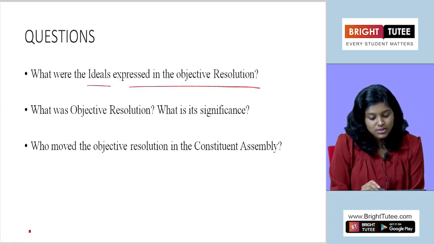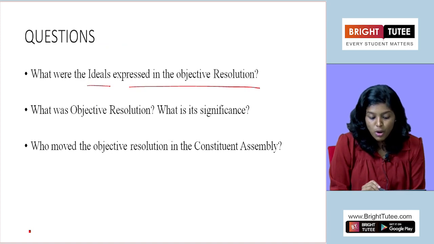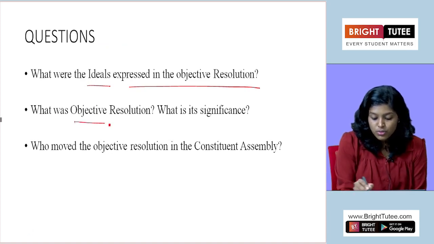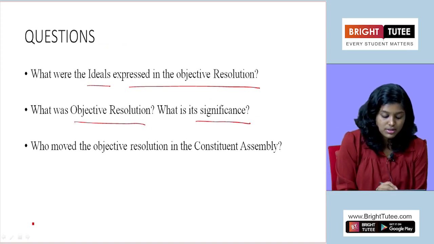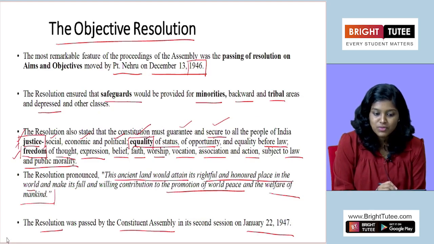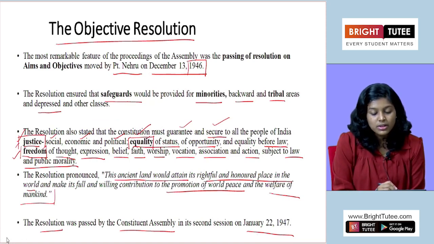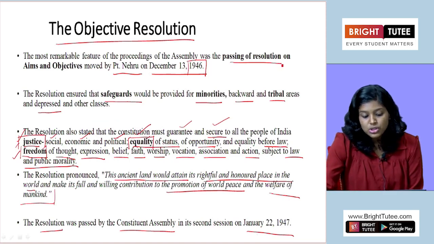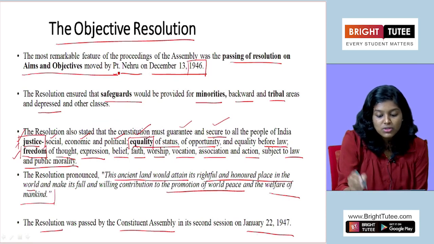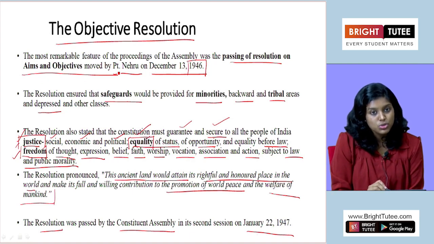The next question which comes up from this topic is, what was the objective resolution and what is its significance? This is also something which we have just now discussed. The objective resolution was the passing of a resolution on the aims and objectives of the Constitution.